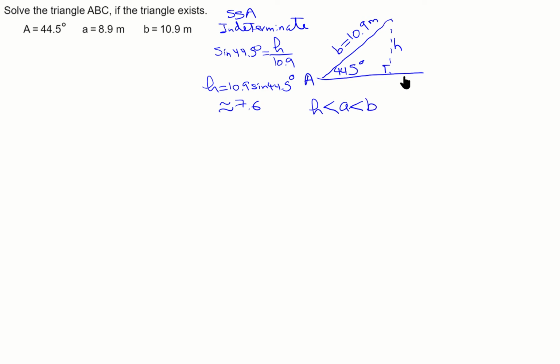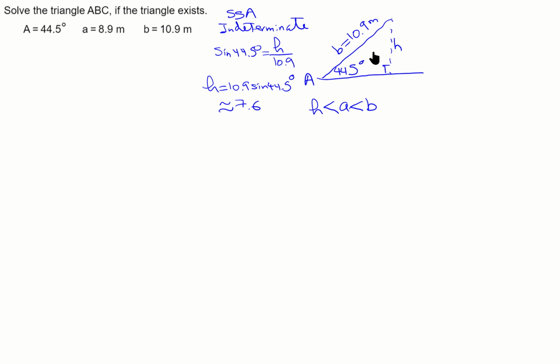So that means the side opposite angle A falls somewhere between h and b. That means there's two possible cases. One is a could fall like this, because we know it's bigger than h, so it can go like that. But since it's less than b, it can also fall this way. So a is somewhere between the altitude as far as length and the other side.